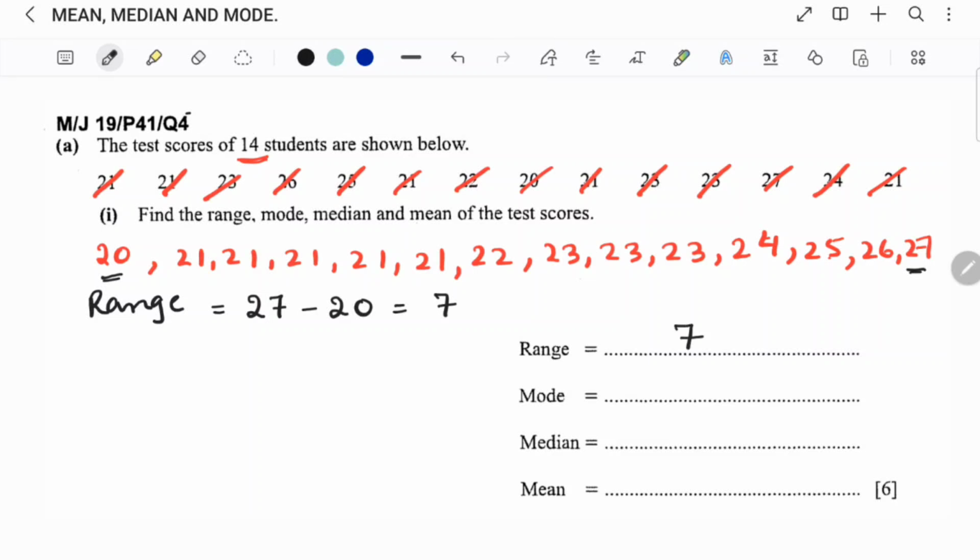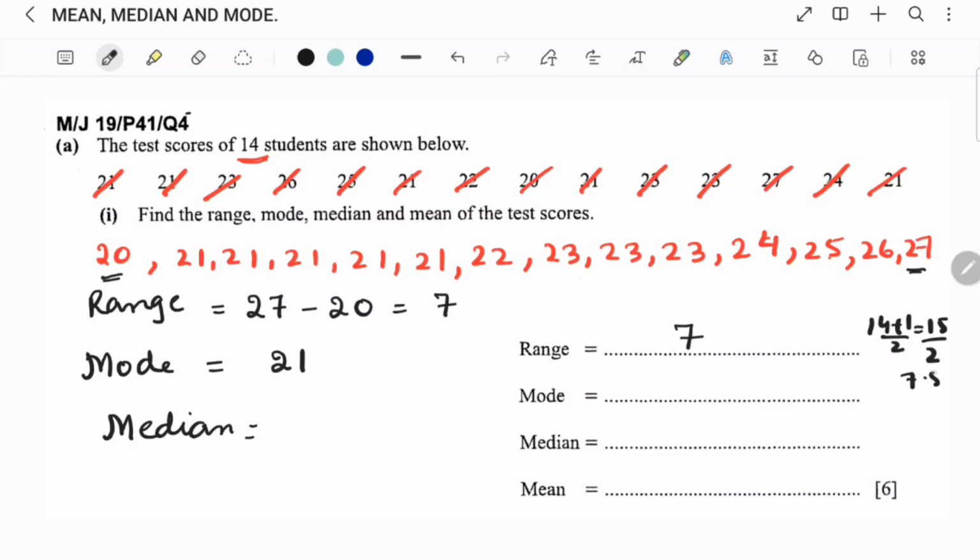Okay. Now the next thing is the mode, the most frequent number. You can see that 21 is coming 1, 2, 3, 4, 5 times. So the mode is 21. Okay. Now finding out the median, the data is already arranged in ascending order. There are 14 numbers, so 14 plus 1 upon 2 means 15 upon 2, which means the 7.5th value will be your median.